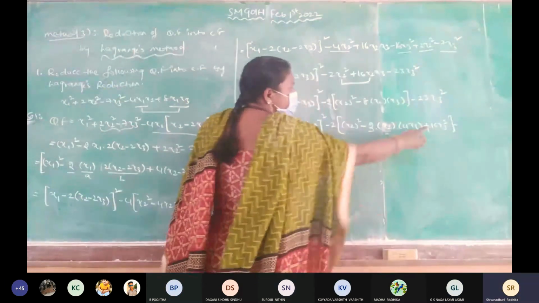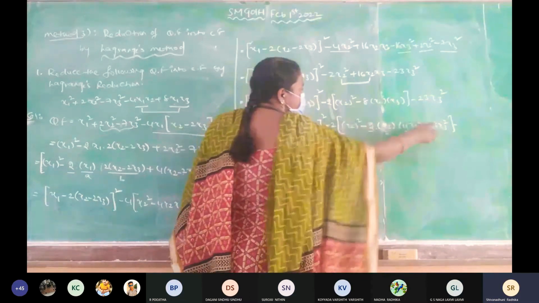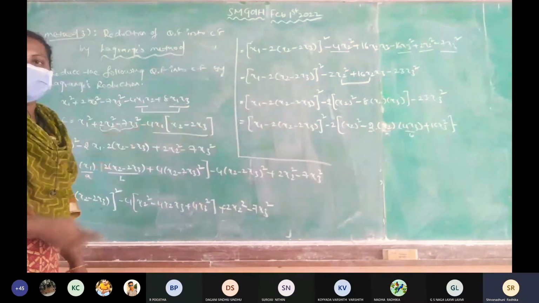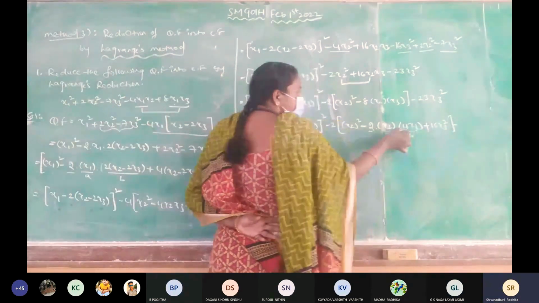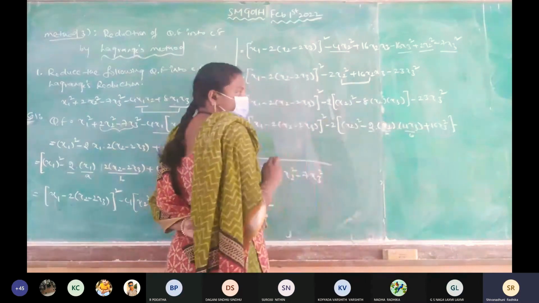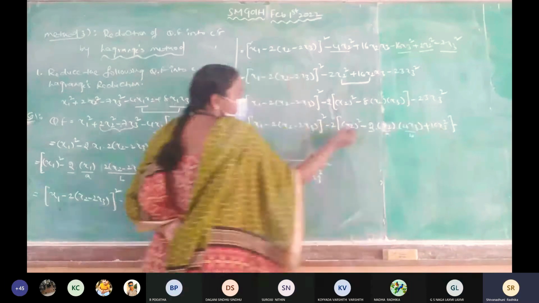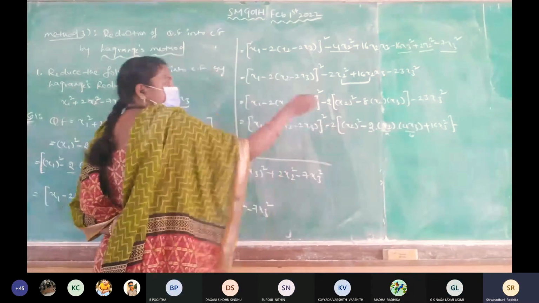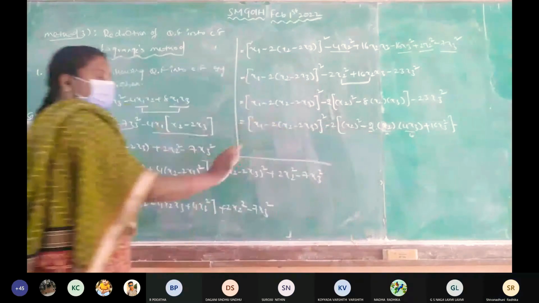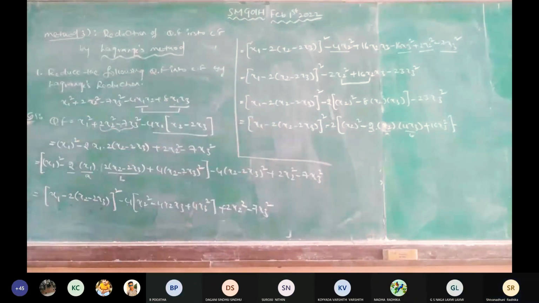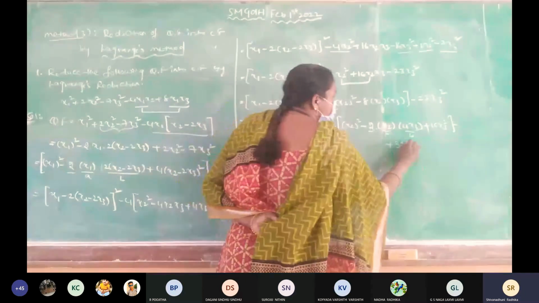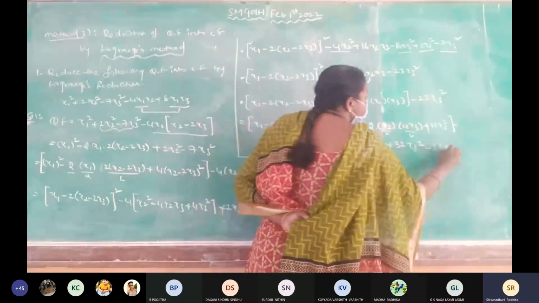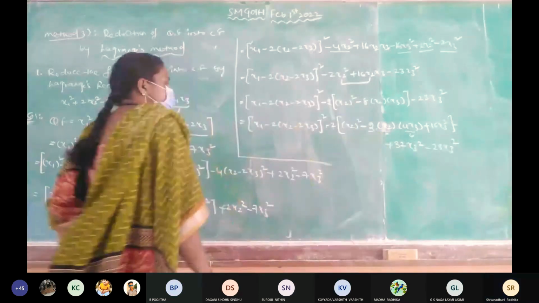Here, see, 16x3 square we are adding to this bracket term. It is an extra term, so immediately we subtract. Indirectly, 16 into 2, 32, we are subtracting from this term total. Now is it clear? Minus 32x3 square, so we have to add plus 32x3 square. Already we have 23x3 square. Now is it clear?